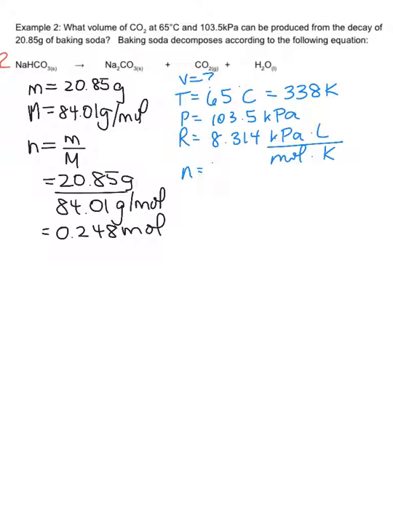So again, the goal of this question is to solve for the volume of carbon dioxide. So my second step here, that was my first step, was solving for the number of moles. My second step is going to be using my molar ratio to compare between sodium bicarbonate and carbon dioxide. So NaHCO3 to CO2. So I see that this is a 2-to-1 ratio.